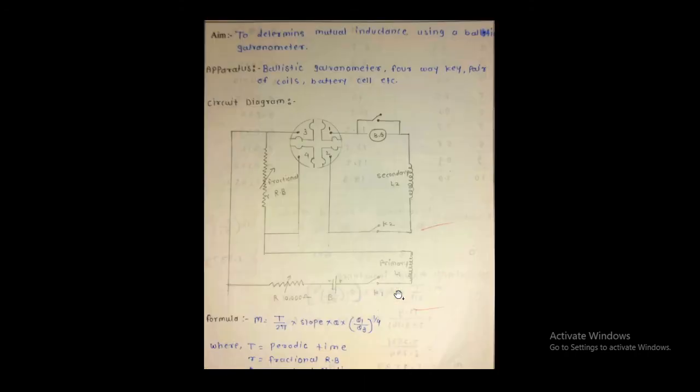And for obtaining the mutual inductance from the graph, we have to plot the graph of R versus phi, that is R on the y-axis and phi, the steady deflection, on the x-axis. Finally we take the slope and substitute it in this formula, and calculate the mutual inductance of the pair of coils by graph also.